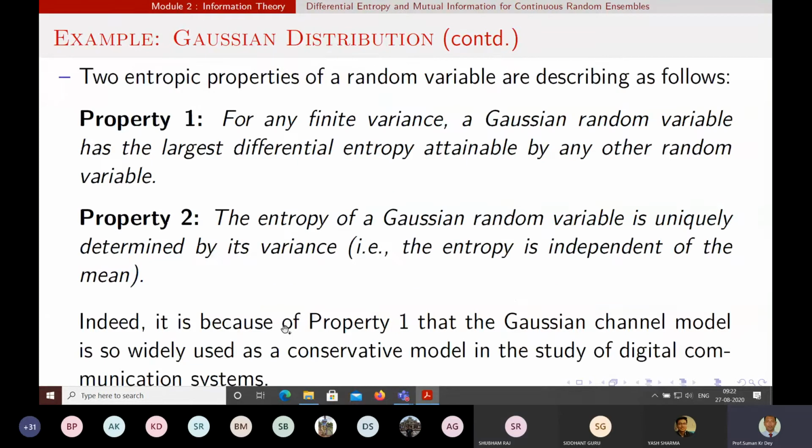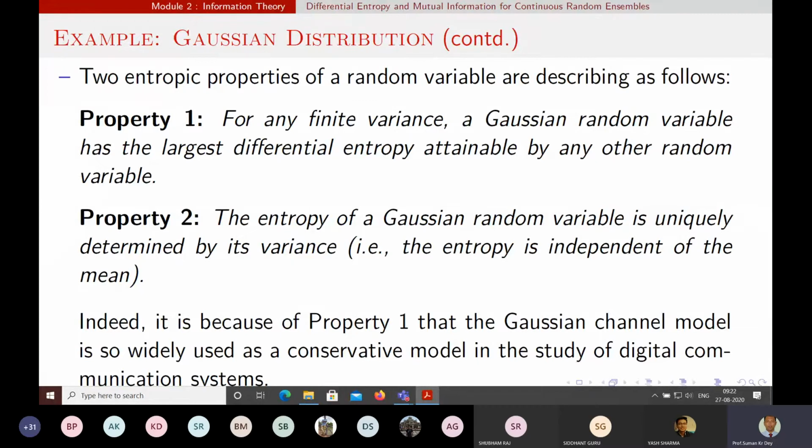So in that case, there are two properties for the Gaussian variables. First property is that for any finite variance, a Gaussian random variable has the largest differential entropy attainable by any other random variable. So that means, suppose there are two types of functions, one function is your Gaussian distribution, another function is any random distribution.